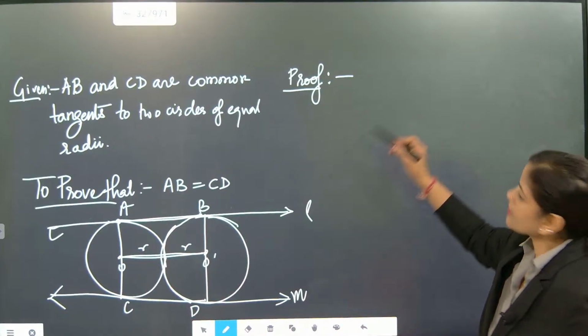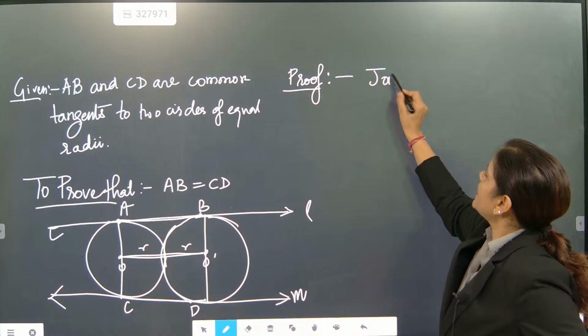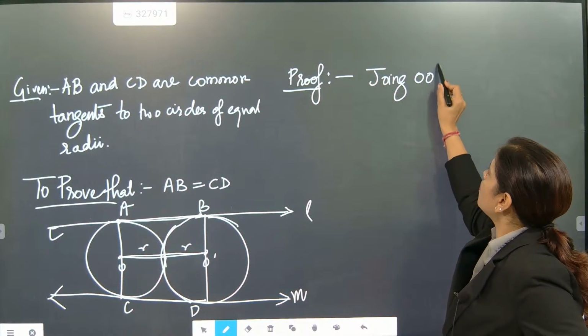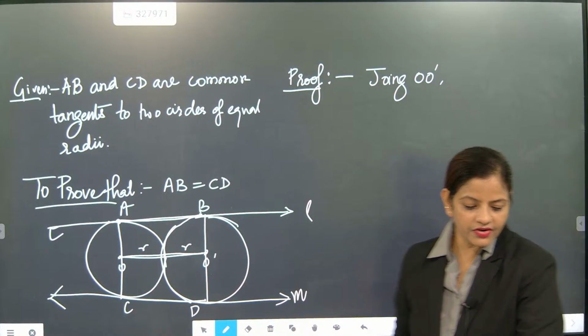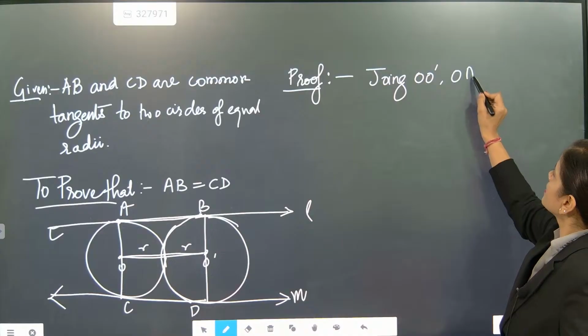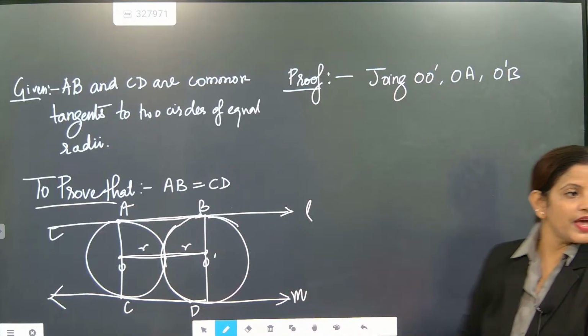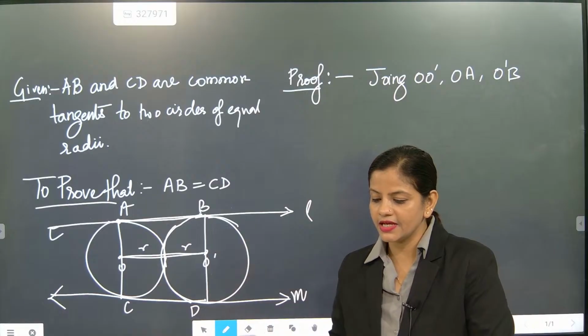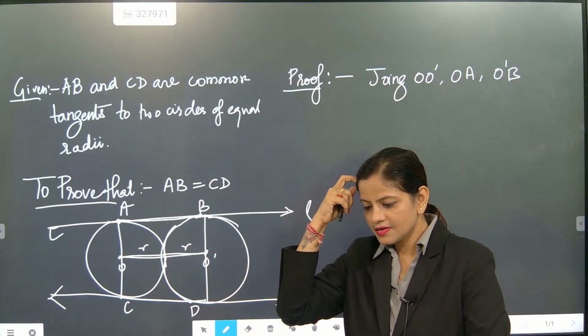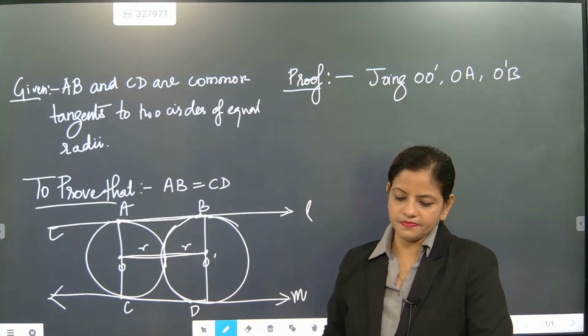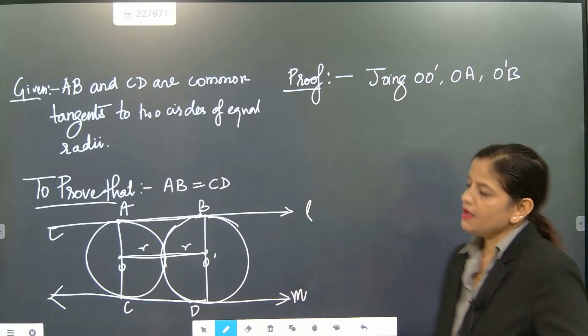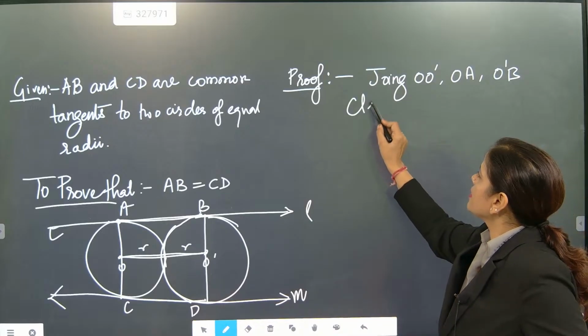Okay. So now look here. Joining O dash. After that, OA. Okay? O dash B. So these things we have joined actually. Note down nicely. Now you need to write clearly.